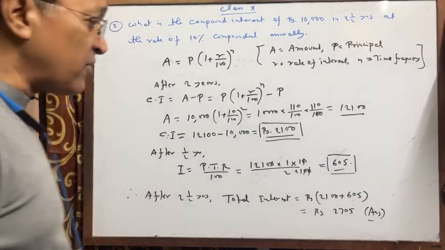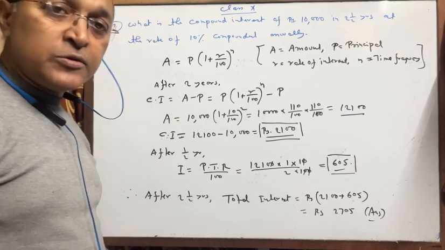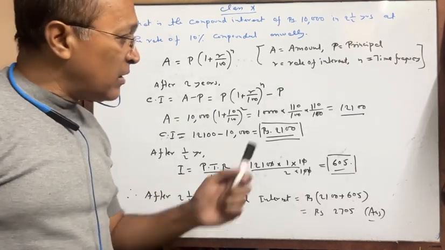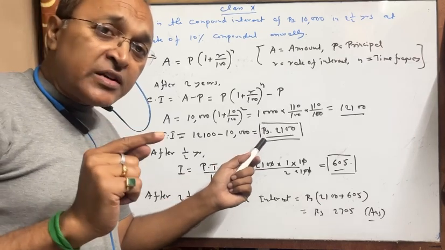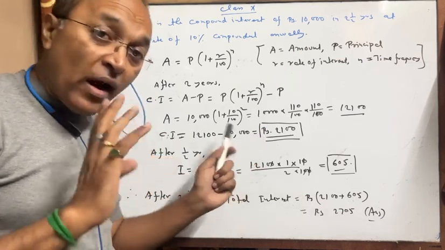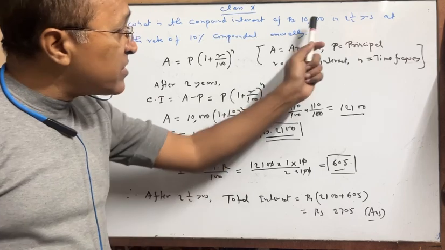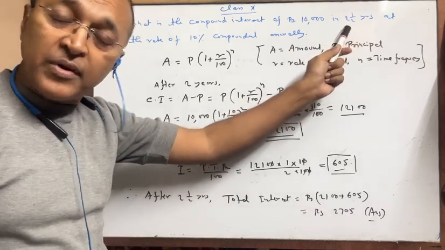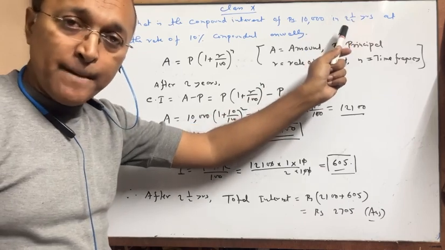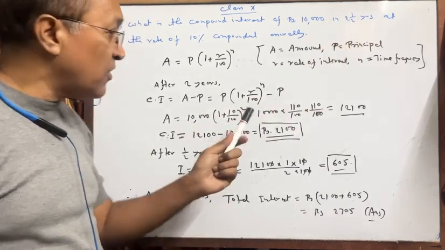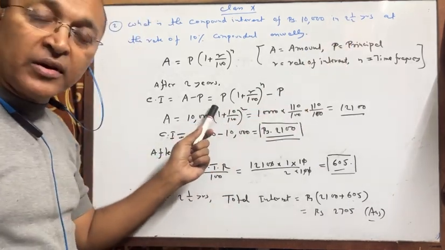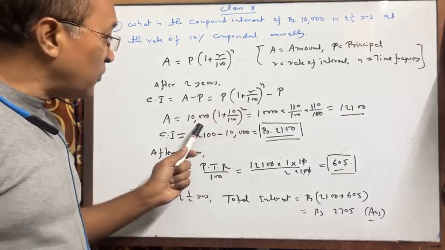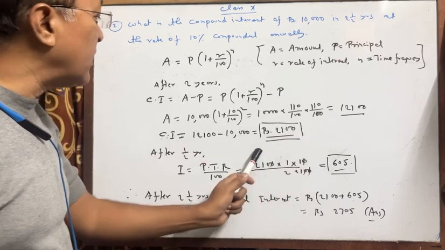Rupees 2705. So my dear students, what I would like to say is to concentrate on a few things. One is time given as a whole number and a fraction, a mixed fraction, 2.5 years. First we implemented the compound interest formula. After 2 years we found the amount and interest.